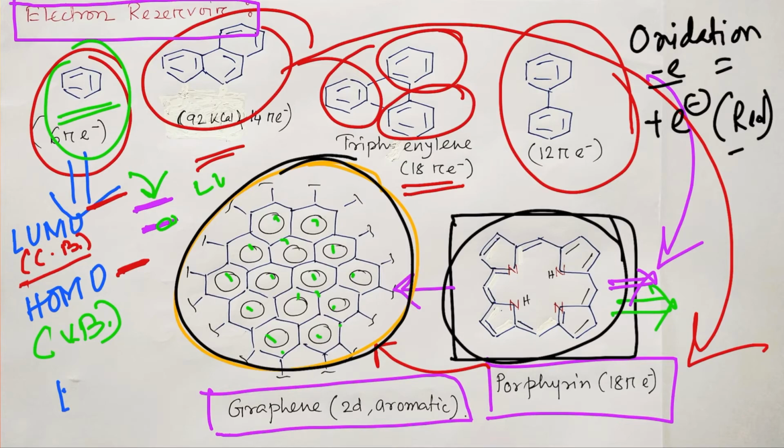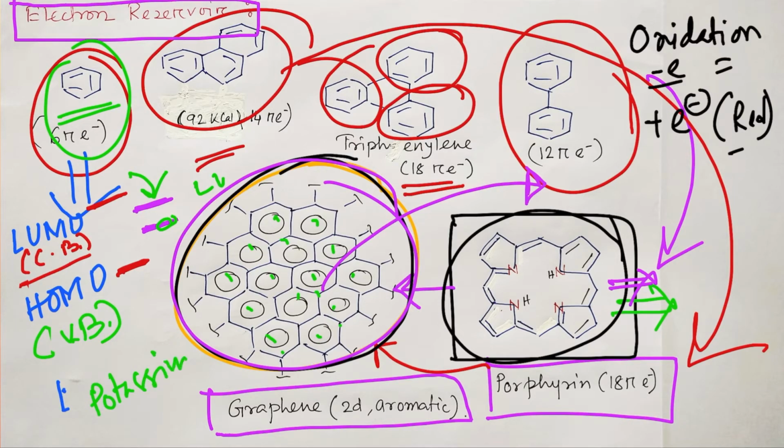When electron is required in the surroundings, this conjugated system can give its electron, or when excess electron is there in the medium, it can take it. One example is potassium graphite, a very famous reducing agent.